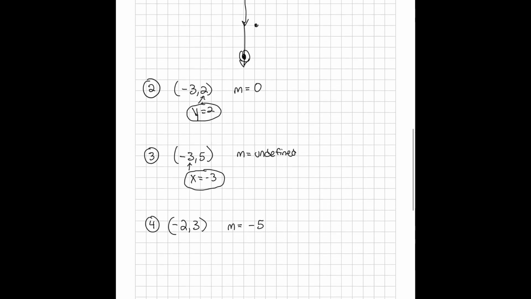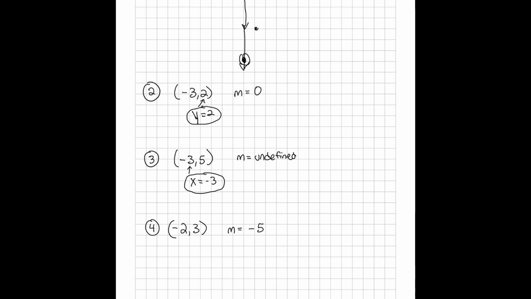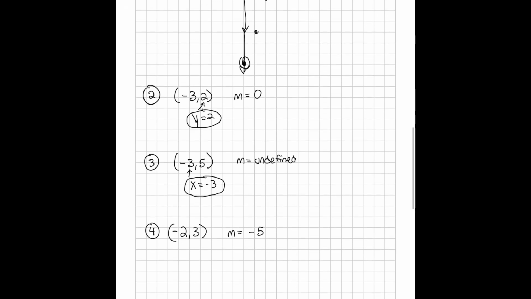And then let's look at this fourth example. The coordinate is -2, 3, and the slope is -5. So you can use y equals mx plus b if you want to, however you want to do it. And plug in your x, your y, and your m.